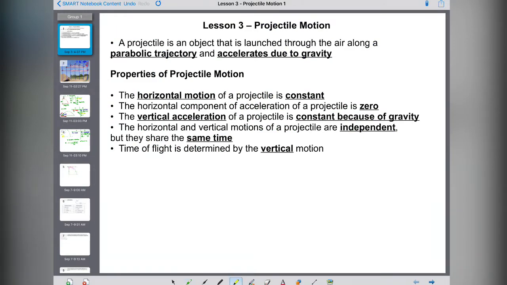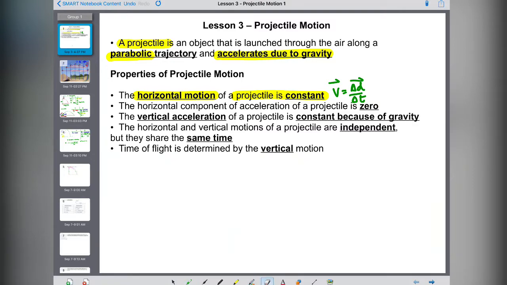All right, now just definitions, very quickly going through this. So projectile motion is parabolic and is caused by the acceleration due to gravity. We always assume the horizontal to be constant, and that's why whenever it's horizontal, we only have one equation to work with.